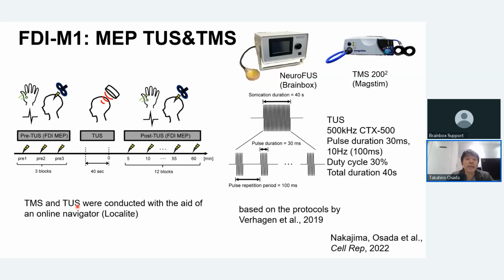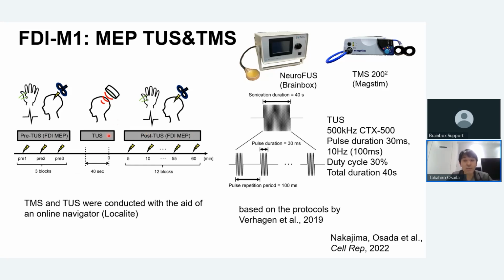Next, the identified FDI-M1 spot in the left hemisphere for each subject was targeted by TMS and TUS with the aid of an online navigator. MEPs from the right FDI muscle were measured before and after TUS using a single pulse TMS.